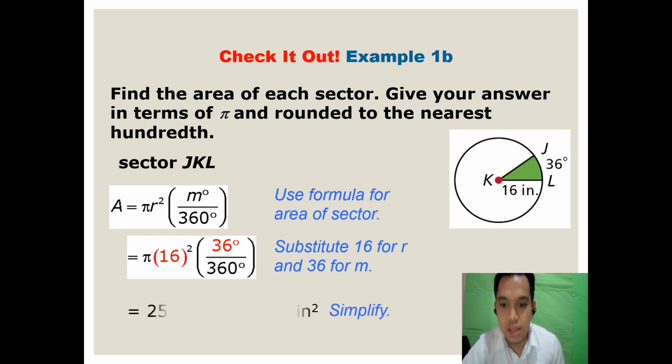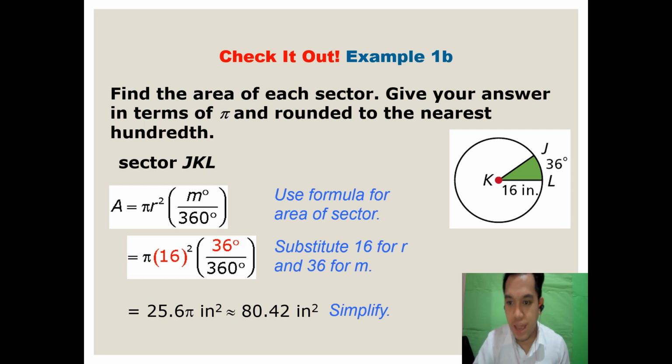Then simplify that. So that will become 25.6 pi inches squared. Kasi ang kanyang unit ay inches ha, huwag ninyong kakalimutan. So that will become 25.6 inches squared. Kasi class, yan kasi ay magiging pi times 16 inches, then raised to 2 or squared, then times 36 degrees over 360 degrees.